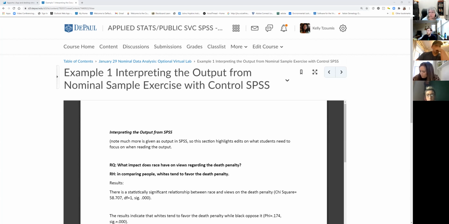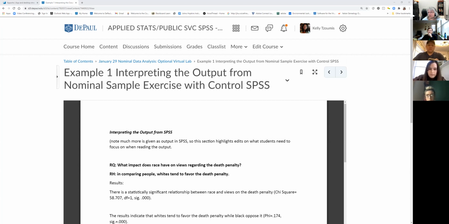And then here's the control, again with the chi-square and the significance, both for males and females, and overall. And then again, here's the control information from the descriptives. All of this is posted so you can practice.